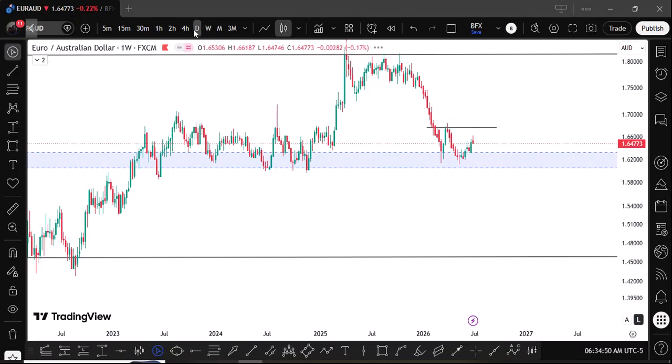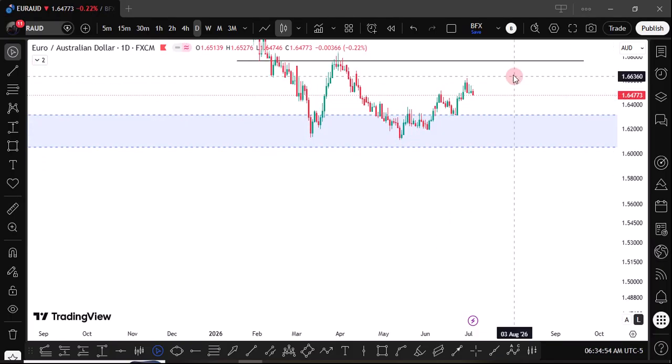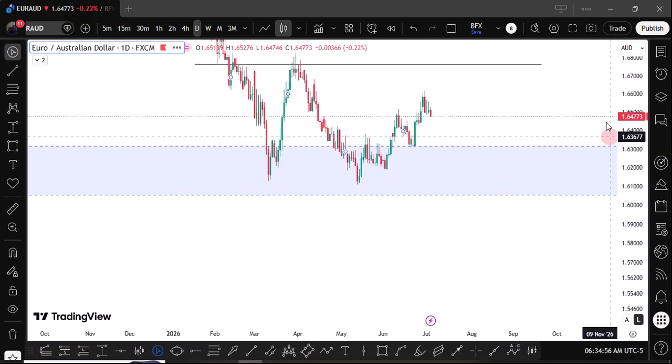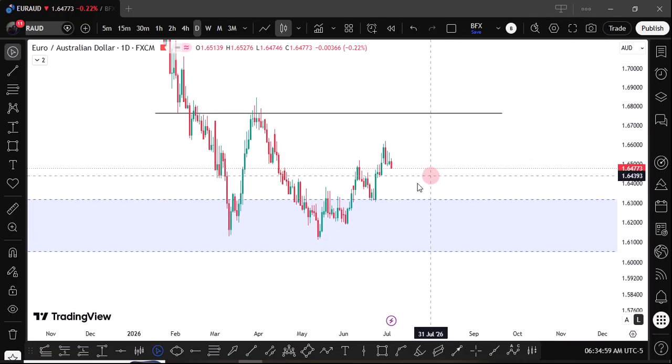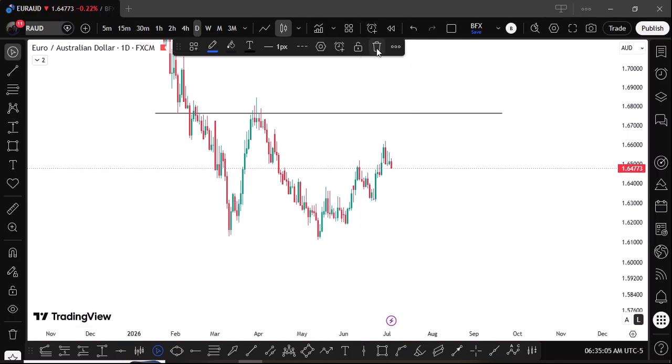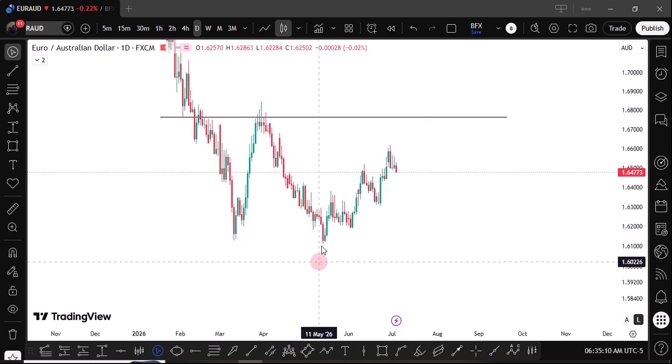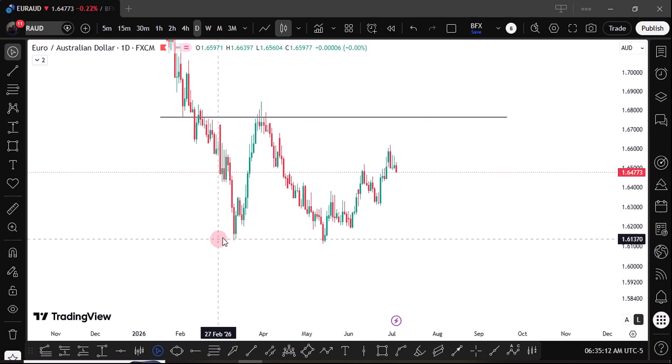So let's move to the daily time frame. So we can see, let me delete this level. You already know that there's a level there, so you can just delete it. You don't need it. We already know that price bounced from this area.